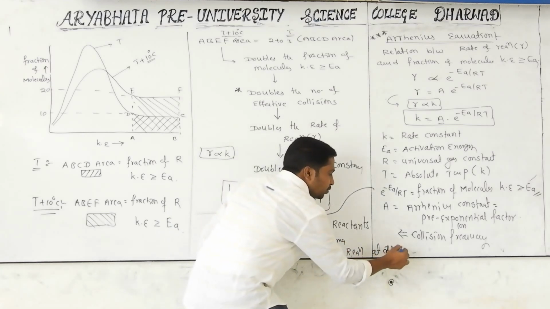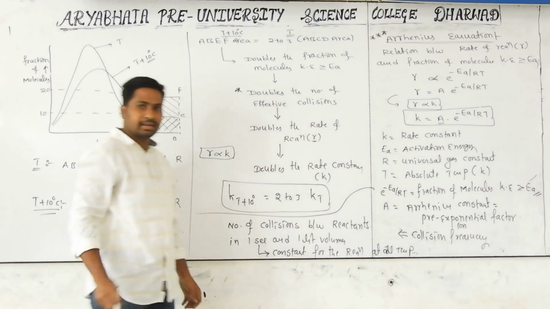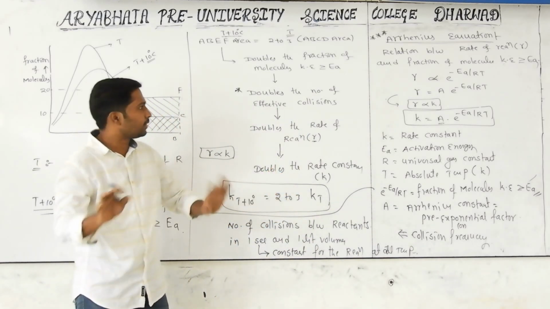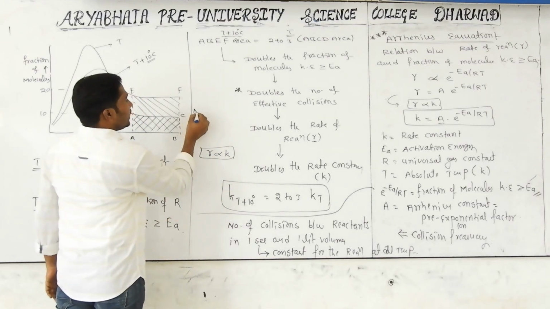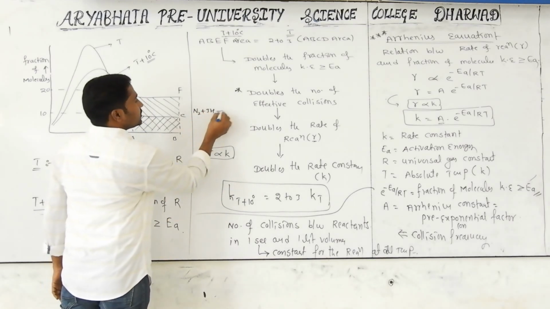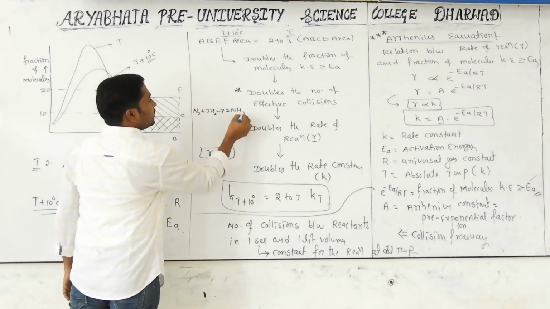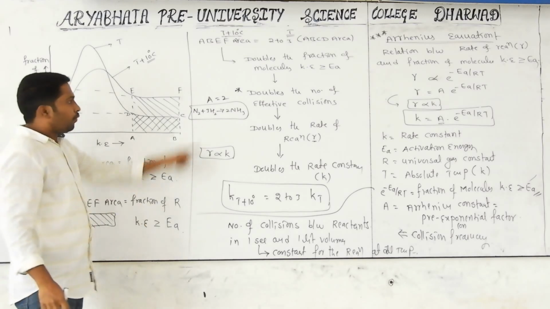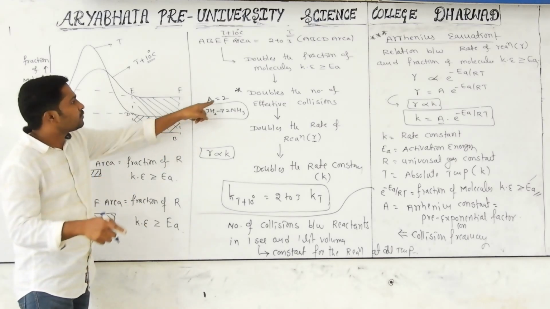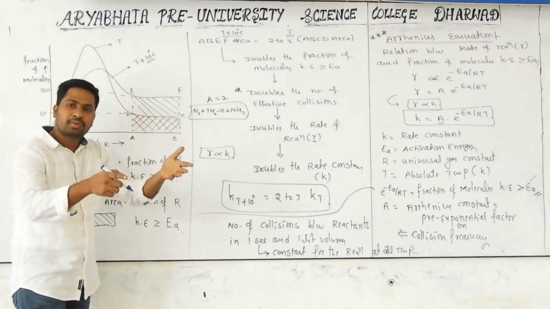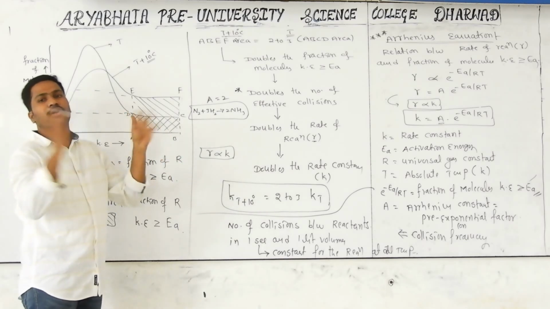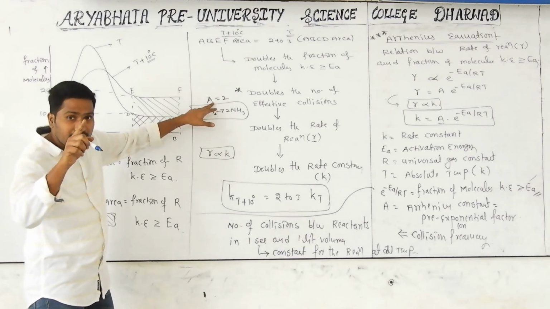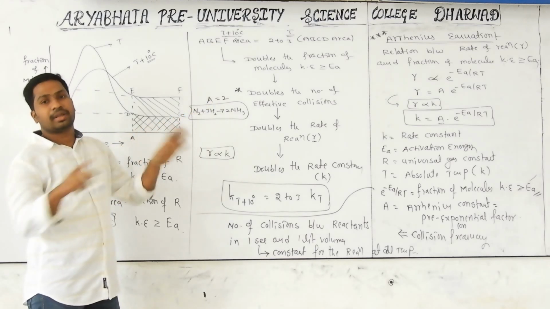It's a very nice point. Did you get my point or not? The Arrhenius factor will be constant for the reaction at all temperatures. For example, take N2 plus 3H2 gives 2NH3. Say the Arrhenius factor is 2. For this chemical reaction, the Arrhenius factor will always be 2, whether you maintain 20, 30 or 40 degrees. That's why the Arrhenius factor for a chemical reaction is fixed at all temperatures.